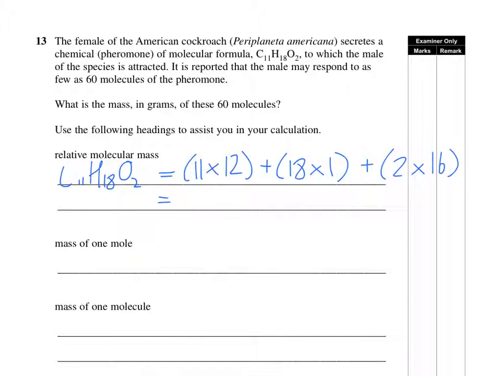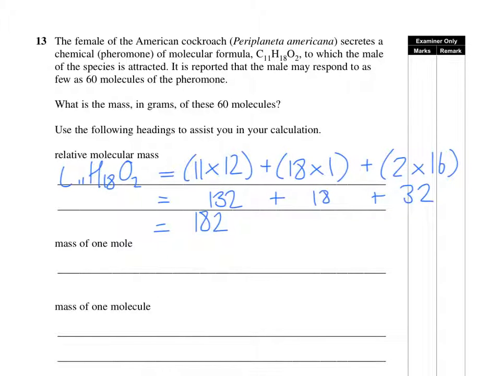So 11 times 12 is 132, plus 18 plus 32, and that is equal to 182. Is the relative molecular mass. Just be careful that you put things into your calculator correctly.